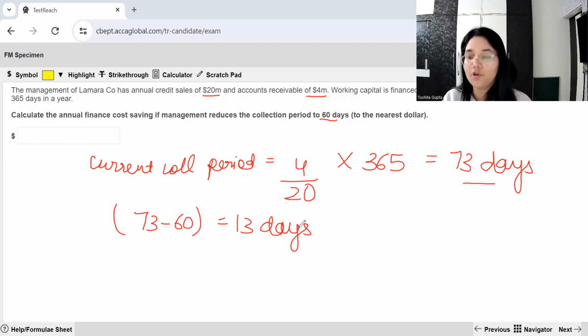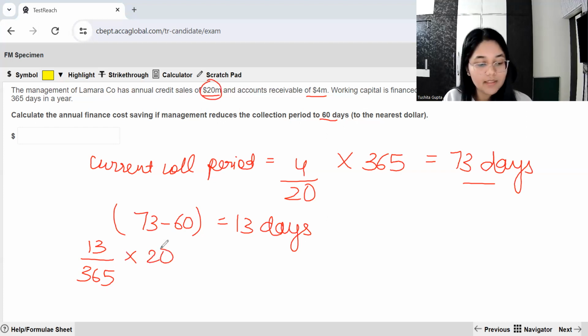Now let's see how much cost I will save because of this. I am going to save 13 days out of 365 of my finance cost, and I will multiply that by my credit sales to find out the receivables reduction. This will give me receivables of 712,329. This is the amount of receivables that I will have. And then if I multiply this by 12%, which is my finance cost, I will get how much money I will be saving.